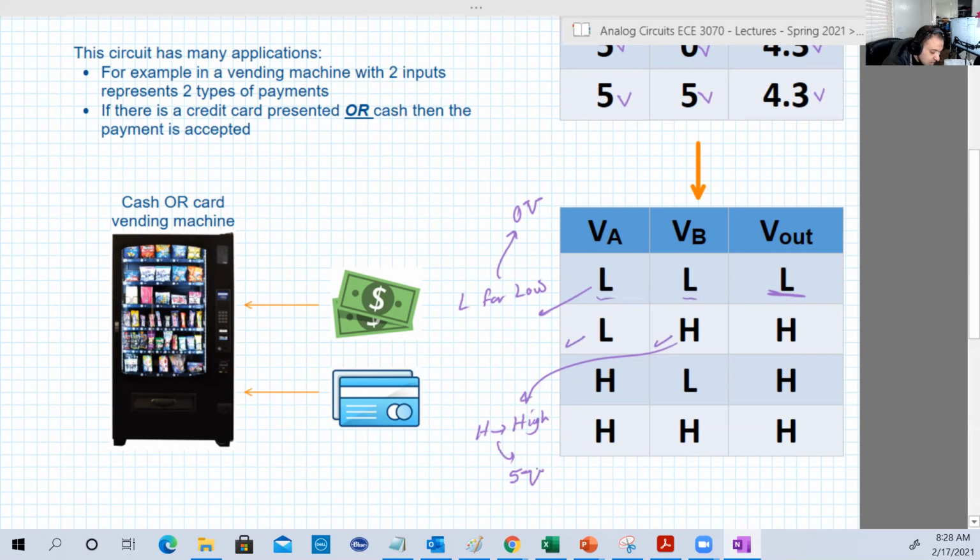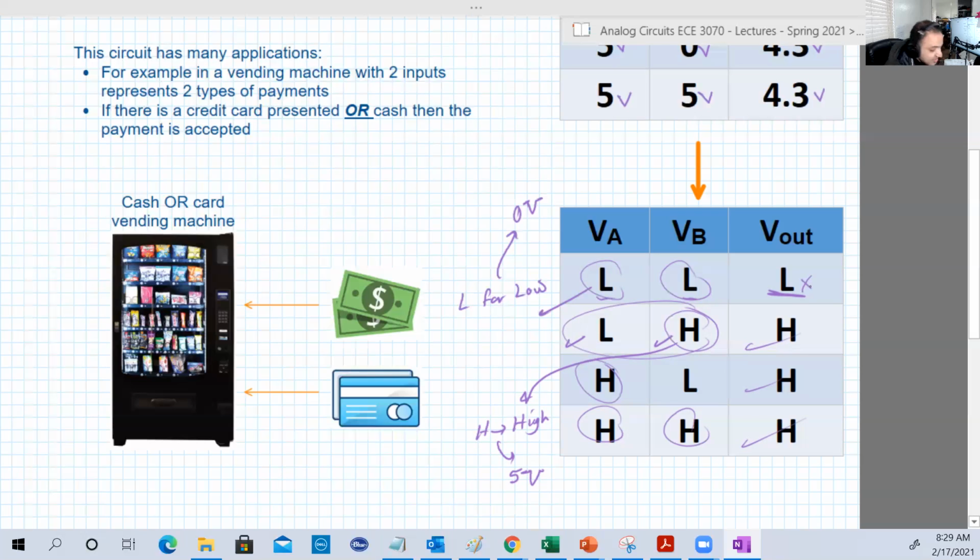In this case, one of them is satisfied, so we can do the operation. Here, one of them is also satisfied, so we can do the operation. Here, both of them are satisfied, so we can do the operation as well. Only the first case, in which we have low and low, we cannot do the operation.